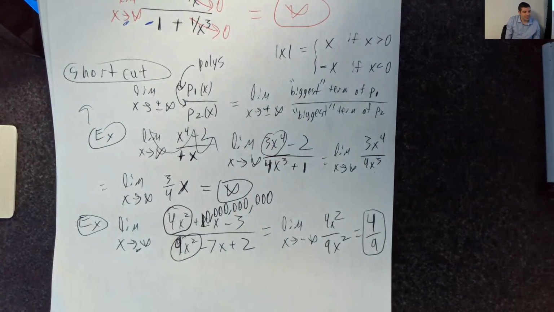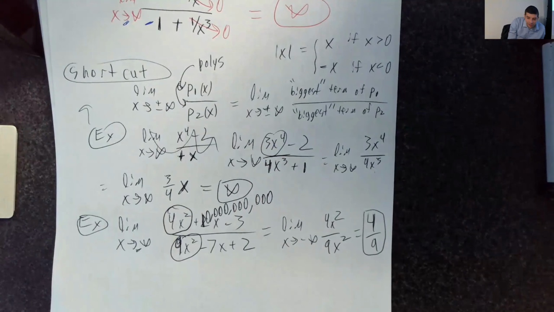What's going to dominate, 4x squared or 10 billion times x? 4x squared, because x is going towards a trillion, then 20 trillion, 100 trillion. So it will eventually overtake. Yeah, good question.